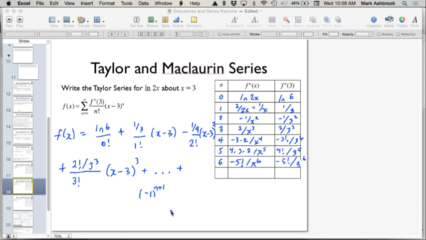We want the odd ones to be positive, so whenever n is odd, it makes us positive. Then n minus 1 factorial: in the third term, we have 2 factorial, so 6 gives 5 factorial, 5 gives 4 factorial, 4 gives 3 factorial, divided by 3 to the n. We always have n number of 3's in the denominator, over n factorial times x minus 3 to the n.